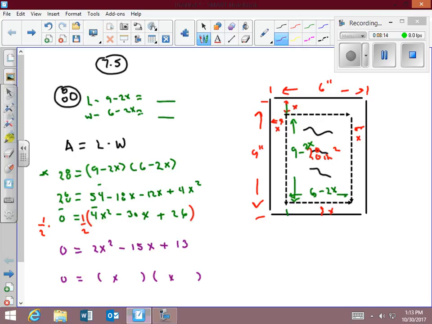And now the signs, you look at the constant term, the sign in front of the 13 is positive, so you say same sign. Look at the middle term, what sign? Negative, so both negatives, right? And now you look at the factors. 1 and 2 are the factors there, 1 and 13. Now is there such a way, 13?